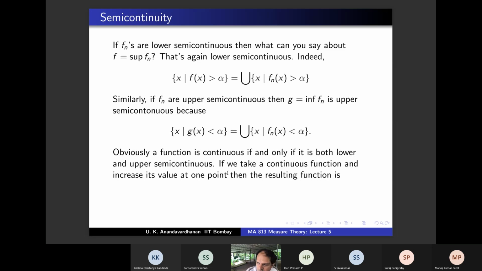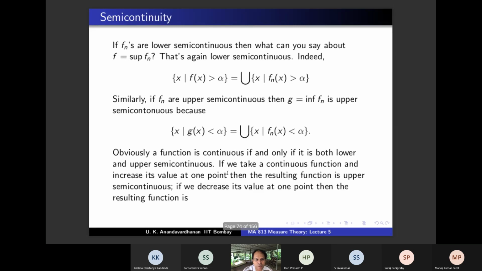Of course, continuity is lost in your graph. Yes, continuity is lost, but it is upper semi-continuous. Easy to verify. So when you increase its value, the semi-continuity that you retain is upper because it's increased. Okay, that's one way to remember.